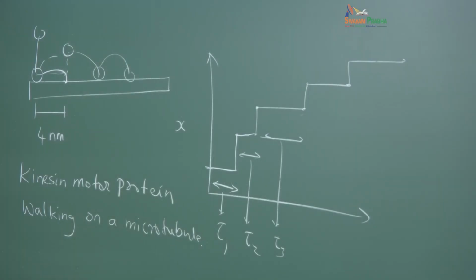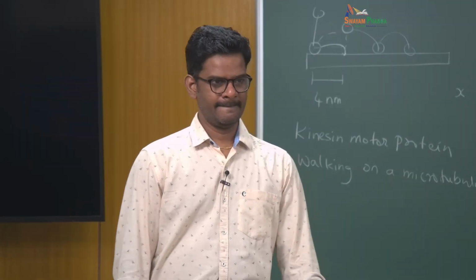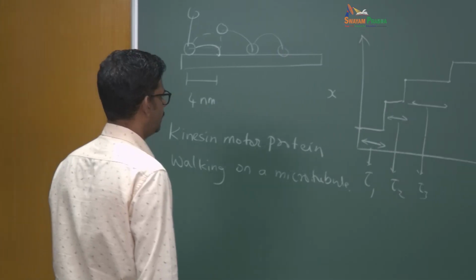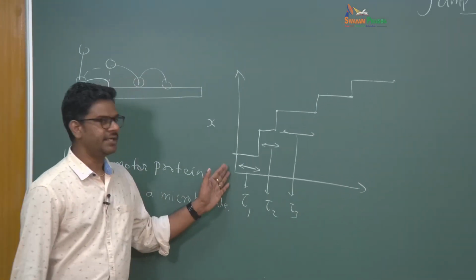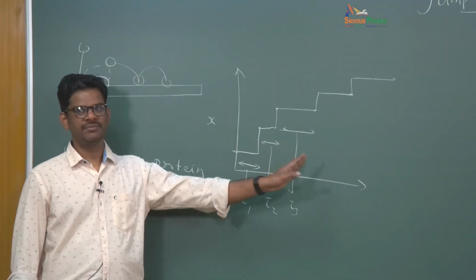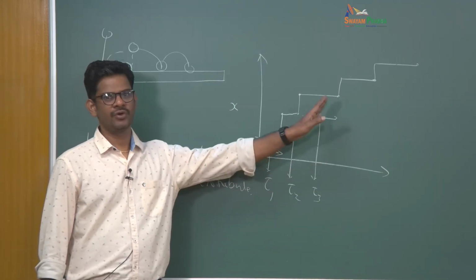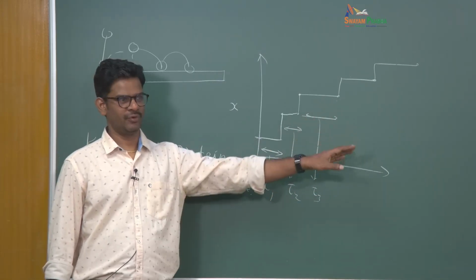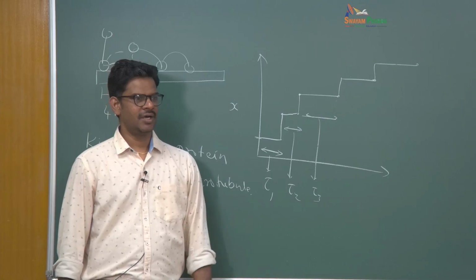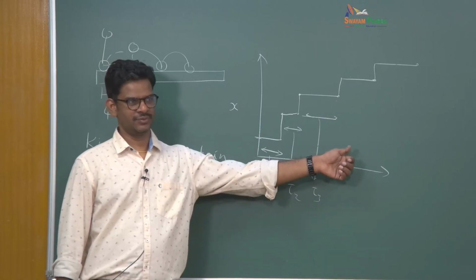So the waiting time before the next step can happen seems to be a random variable, okay, with a particular distribution. Now the question that you would like to ask is, starting from an initial condition, after time t, where would the protein be? Where is the likelihood of finding the protein? What would be its mean position? How much uncertainty can we say about those, okay.